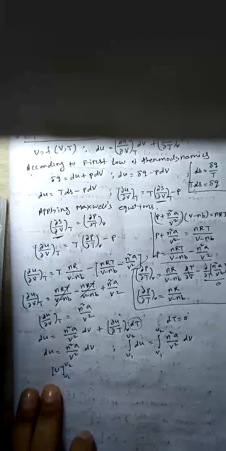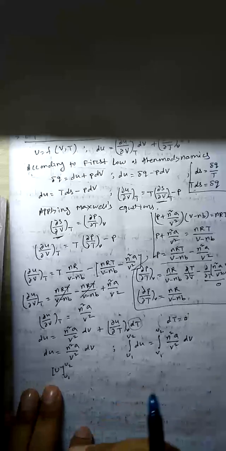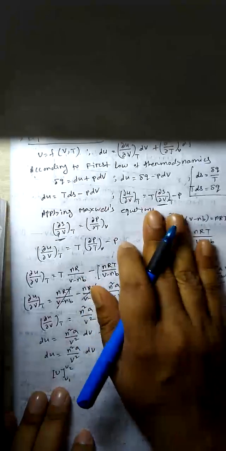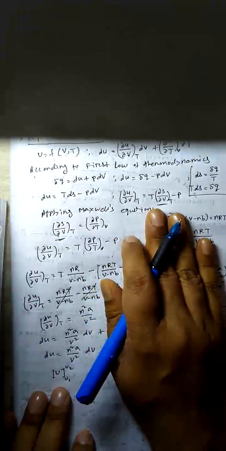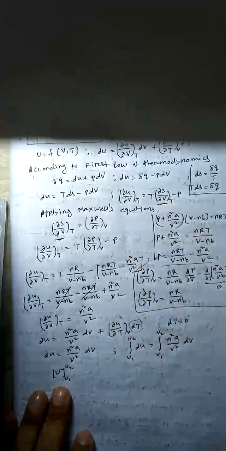But in case of W, remember I did not take W1 to W2, because we need only work. There is no change of work. But here, the absolute value of internal energy cannot be determined. We know from its characteristic that the absolute value of internal energy cannot be determined, but the absolute value of work done is determined.